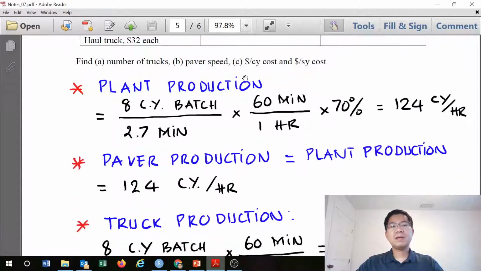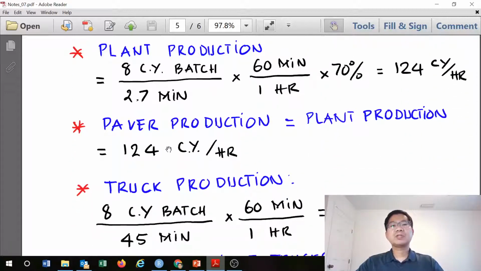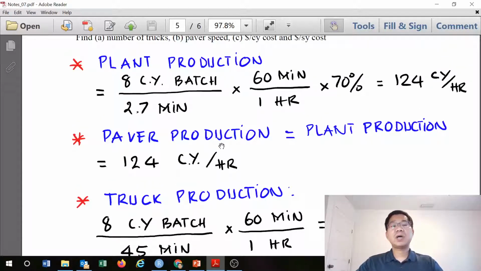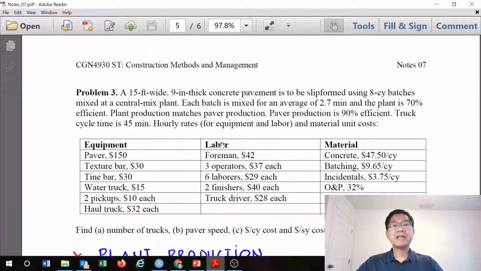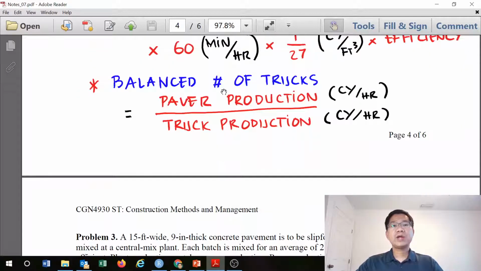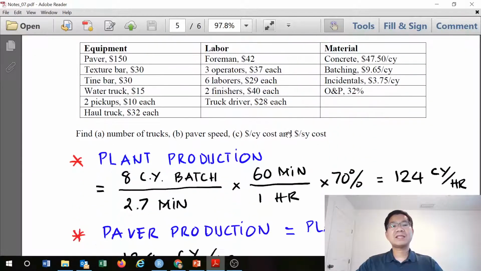So that is the plant production, and the question says the plant production matches the paver production. What does that mean? It matches, it means the same. So the paver production is 124 cubic yards per hour, considering the efficiency, everything. And at this point, we already know the paver production. If we want to find out the number of trucks, we need to know what the truck production is. So that is the next step we need to do.